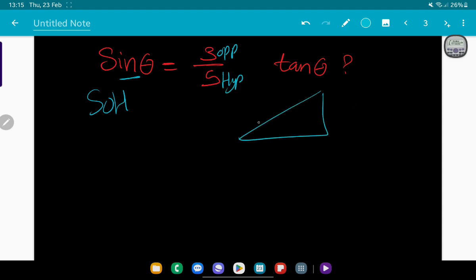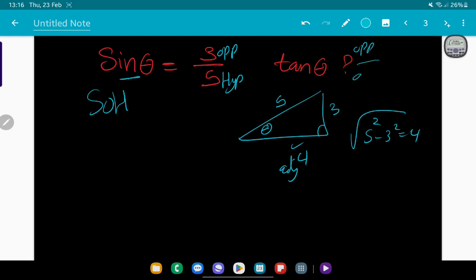So if you draw a triangle, and this is the angle theta, the opposite is 3, the hypotenuse is 5. Can you find the adjacent? Yes, root of 5 squared minus 3 squared, which is 4. Now you have the adjacent. Tan is opposite over adjacent. You have the opposite and adjacent, 3/4.